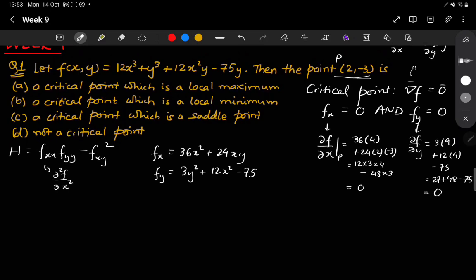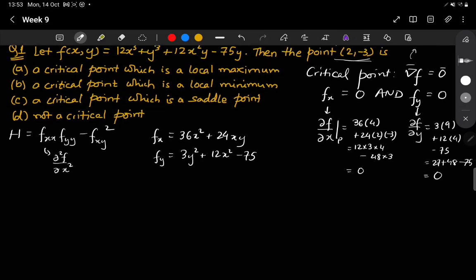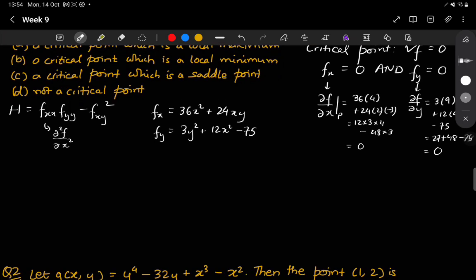Now we need to check whether this critical point is a maximum, a minimum, or a saddle point. For that, we need to evaluate this Hessian. So we need to find fxx, the double derivative. We differentiate this once again.